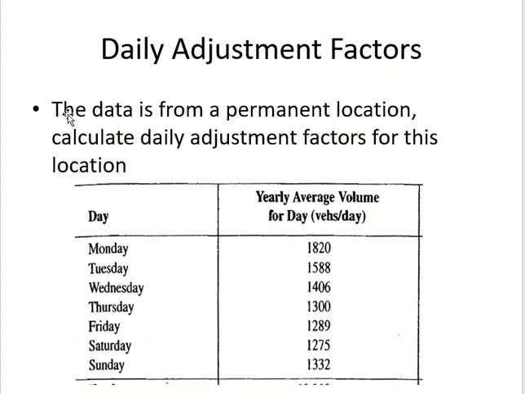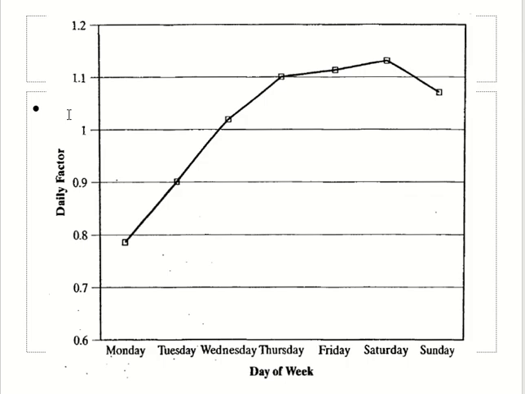Then we calculate the adjustment factor, which was AADT upon any of these values, depending upon the day. You see the adjustment factors plotted here. The y-axis has the adjustment factor, the x-axis has the days. Where is the highest factor? Saturday.